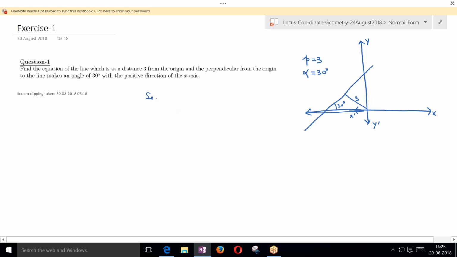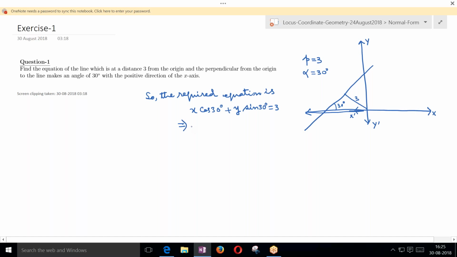So the required equation is x cos alpha, that is x into cos 30 degree, plus y sin alpha, y into sin 30 degree, is equal to P. What is P? P is equal to 3. So what is cos 30?